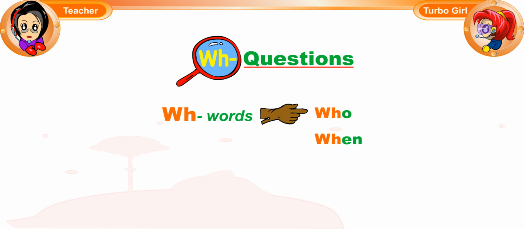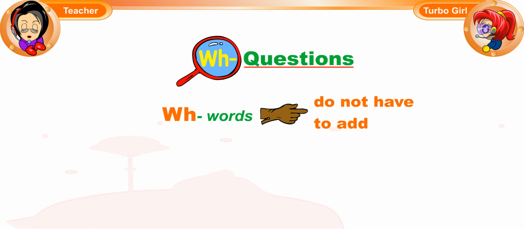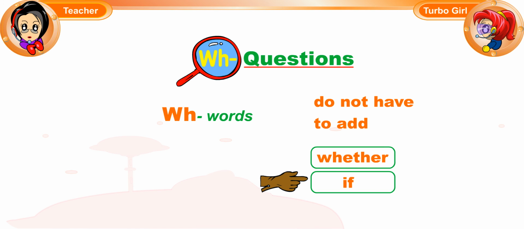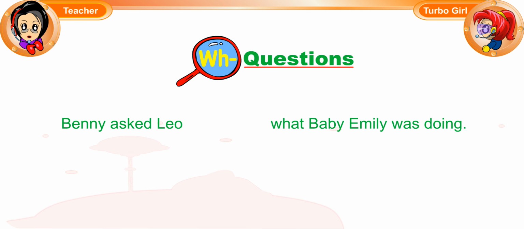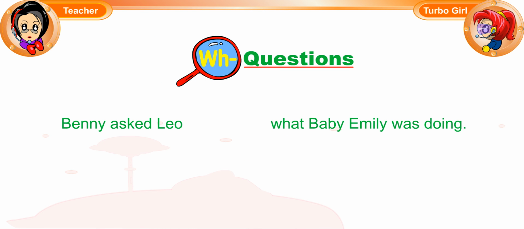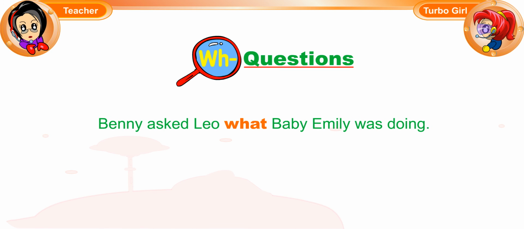When we report WH questions, we do not have to add any other words such as whether or if. So, Benny asked Leo whether what baby Emily was doing is incorrect. We should report it without the word whether. Benny asked Leo what baby Emily was doing.